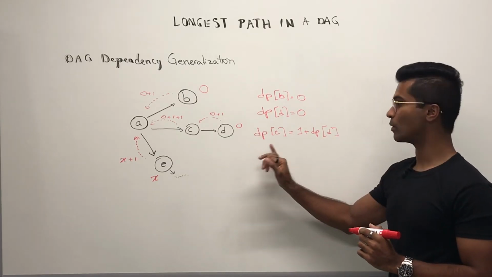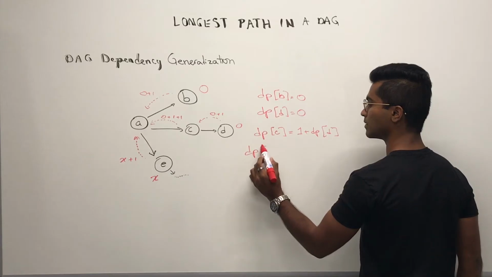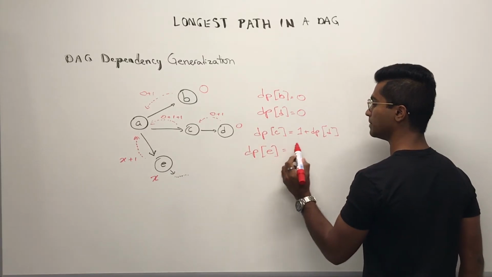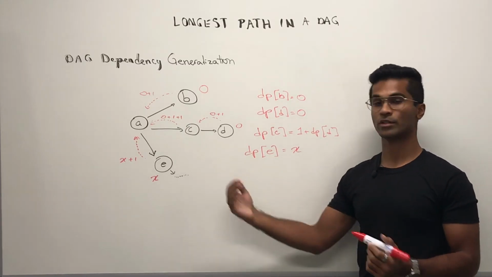dp of Z is going to be 1 plus the dp of D. I've already said we can assume that dp of E is going to be x.